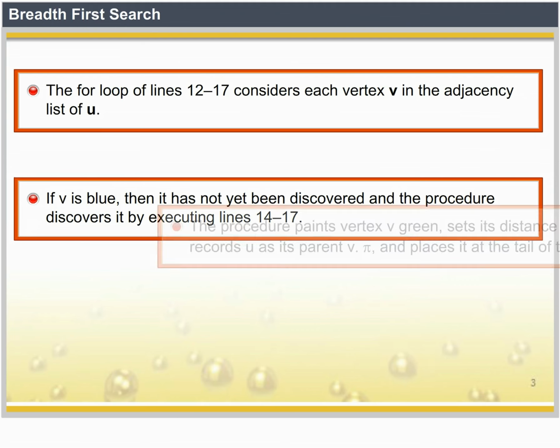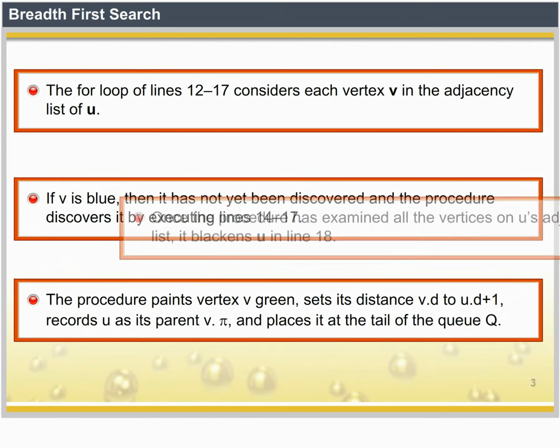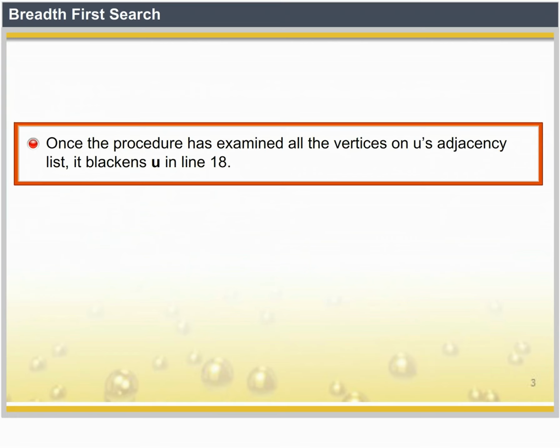The procedure paints vertex v green, sets its distance v.d to u.d + 1, records u as its parent v.π, and places it at the tail of the queue Q. Once the procedure has examined all the vertices on u's adjacency list, it blackens u in line 18.